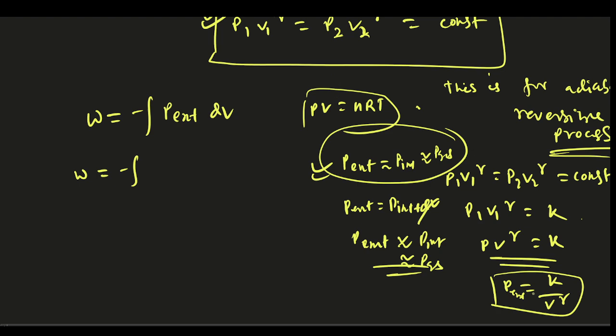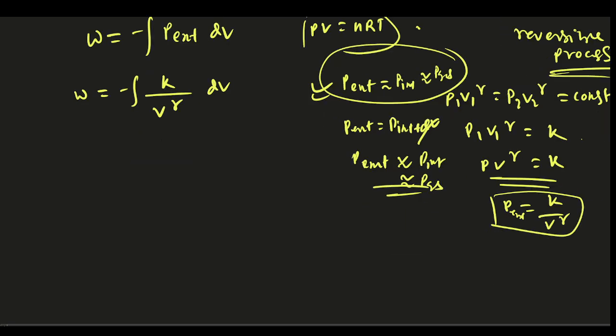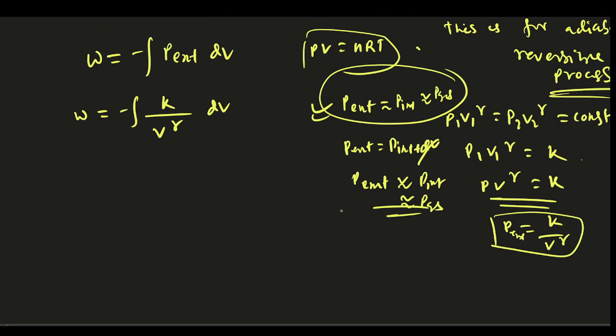So I can put P external equal to K by V gamma, so I can put this value here: K by V gamma dV. So W equals this, K is constant, and if I take V gamma above, then this will be negative: V to the power minus gamma dV.